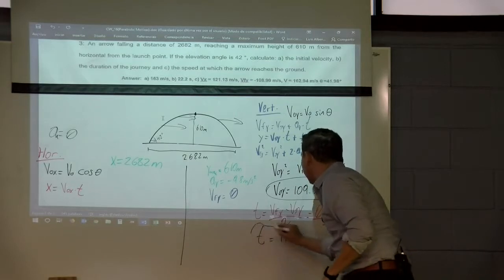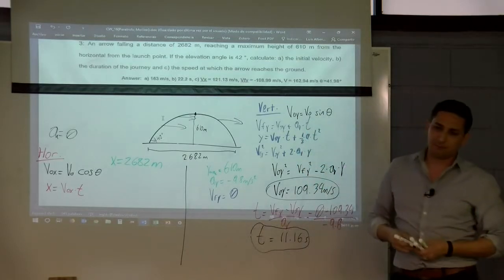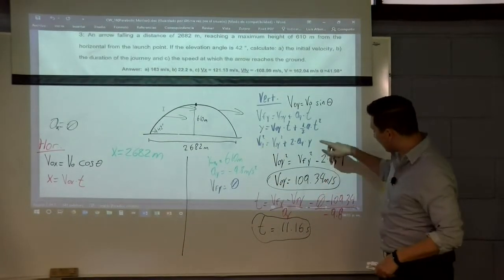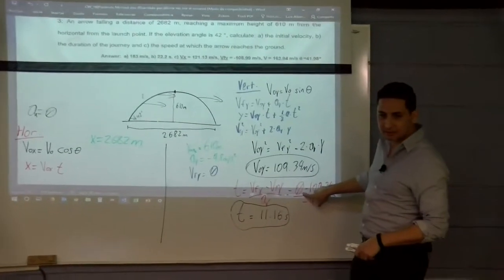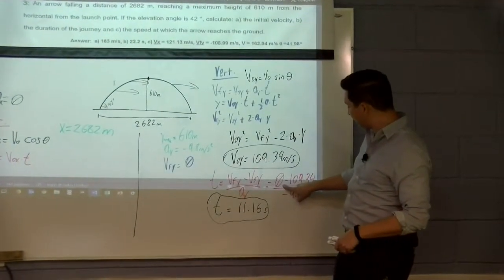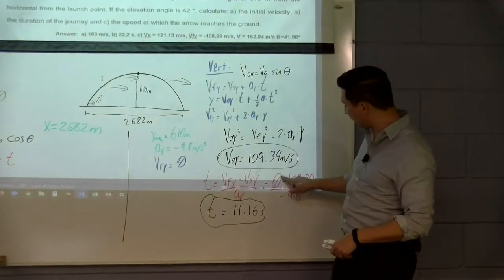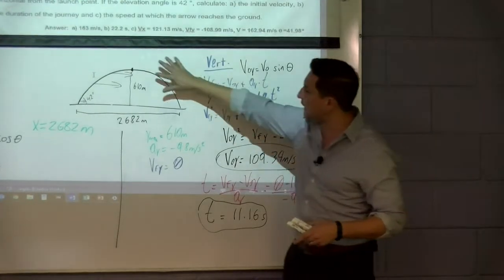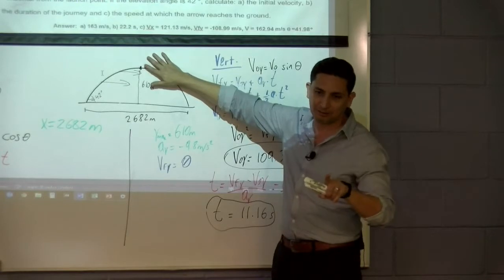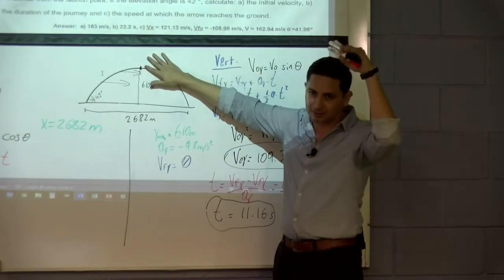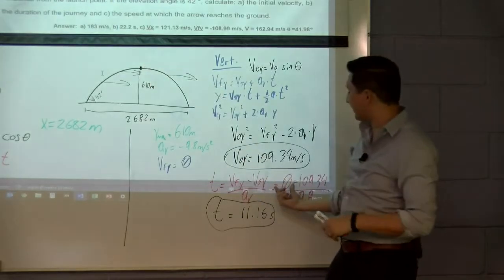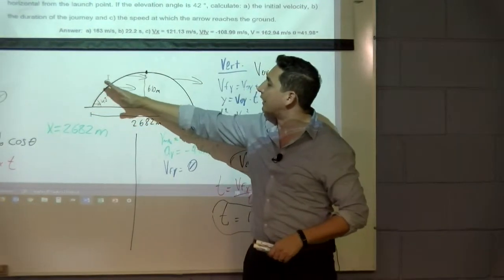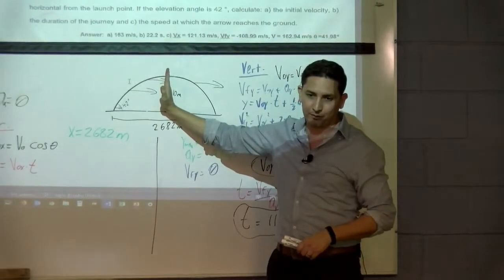So the time will be 11.16 seconds. Now, check here, and this is very important. The time that you have here is the time when you have 0 velocity in the final, and when you have this initial. The important thing is this: if you are using your final velocity as 0, that means that you are located here, because that's the only place in which you have final velocity 0, the maximum point. So the time here is exactly the half of your travel.